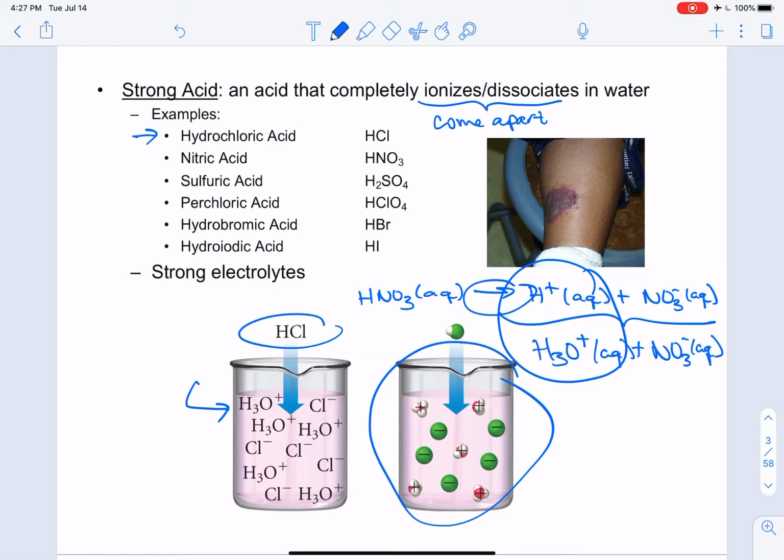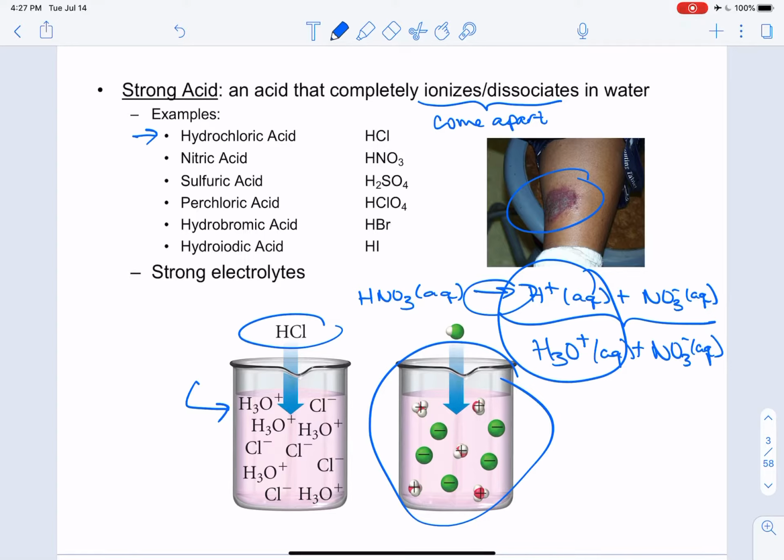Now, strong acids, they will burn us like we expect them to burn us, so you guys can see that here. And strong acids will also behave as strong electrolytes, and electrolytes are something we saw in another chapter. If you put a couple of electrodes into a solution, the electrolyte helped move the charge, and it completed the circuit, and it lit up the light bulb.